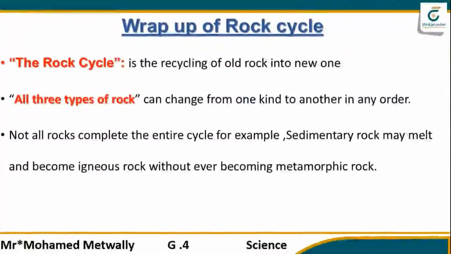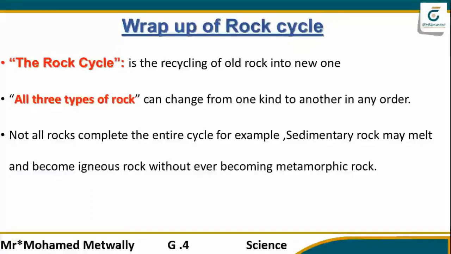Okay guys, like we said, this is the last part of our lesson of today, and here is the wrap-up sheet of our rock cycle. Here are the main points of the rock cycle. Let's start with the rock cycle definition. You have to know the rock cycle is a recycling of old rock into new.